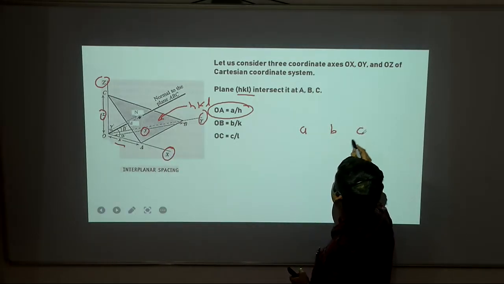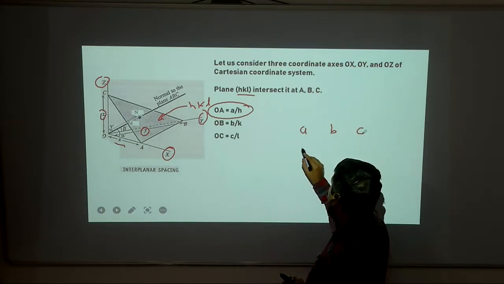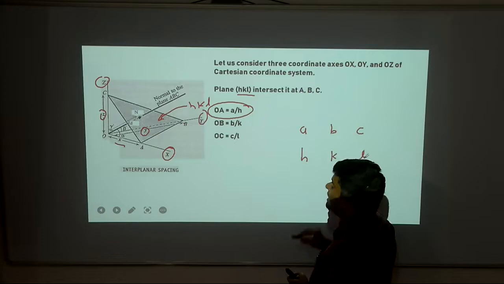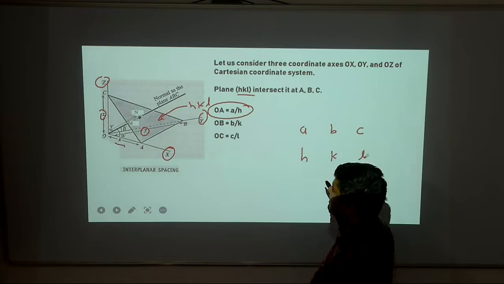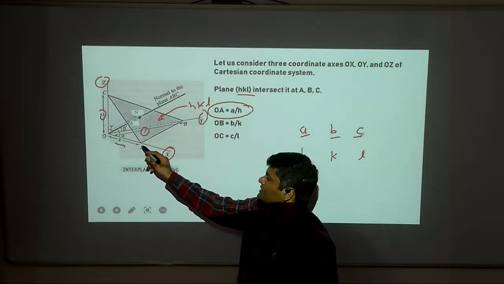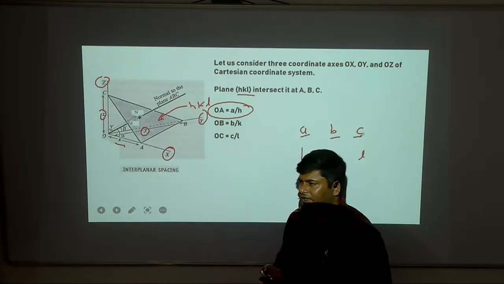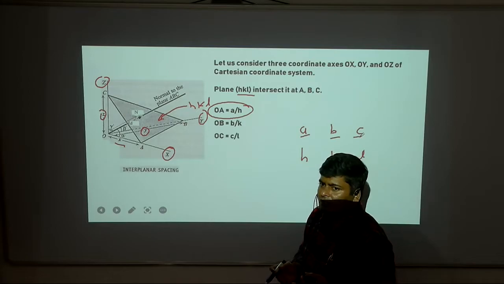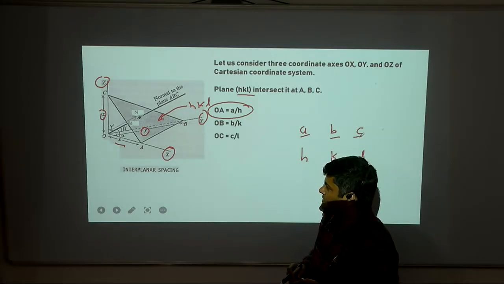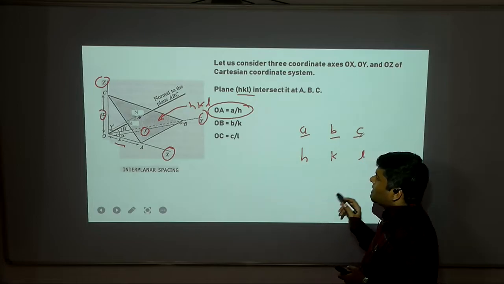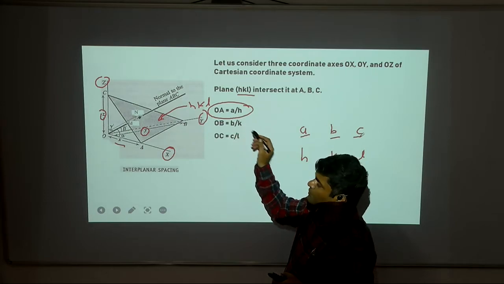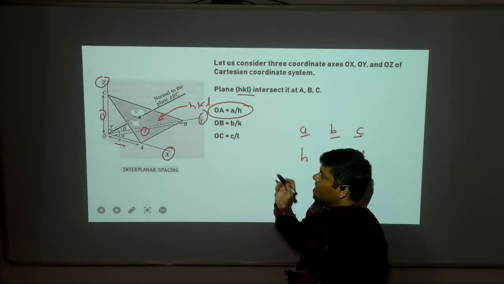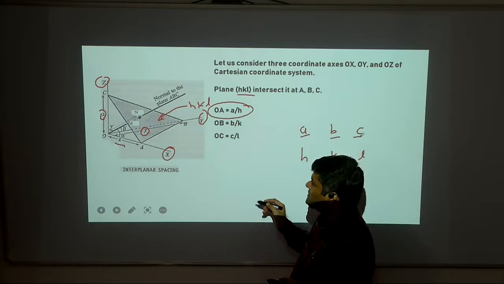So a, b, c are the lattice parameters, and h, k, l are the Miller indices along the x direction, y direction and z direction, corresponding to the intercepts made by the plane on the three crystallographic axes, which we have discussed in finding the Miller indices. So by the definition of Miller indices, OA is a upon h, OB is b upon k and OC is c upon l.